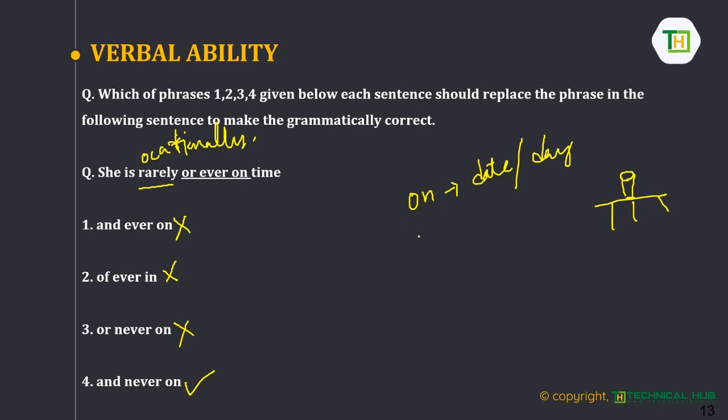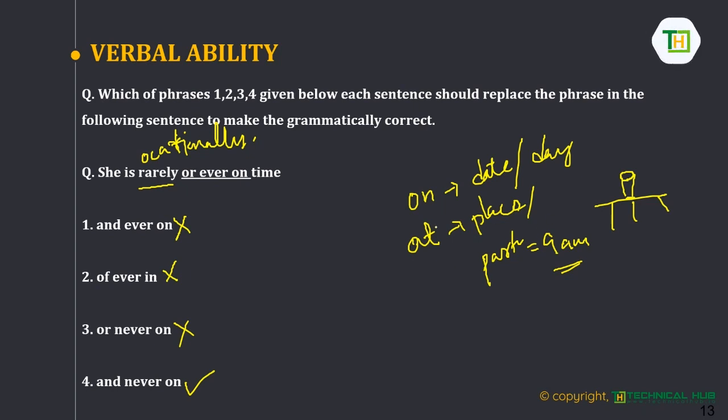Now another one is at, which we use for smaller places. I'm waiting at the bus stop. And also for a particular time, like 9 a.m. I reached the college at 9 a.m. That is very important.